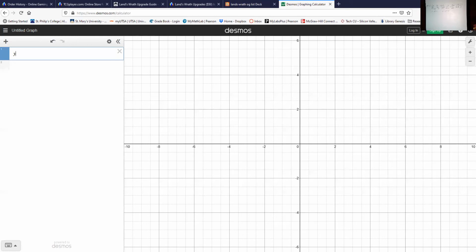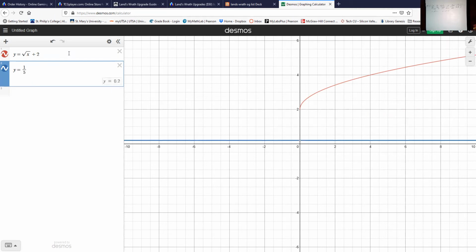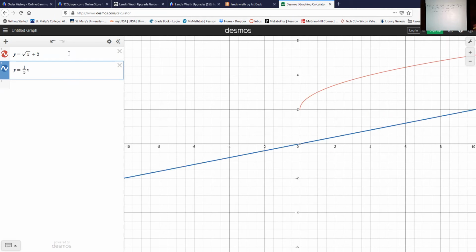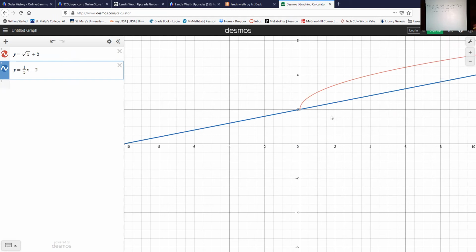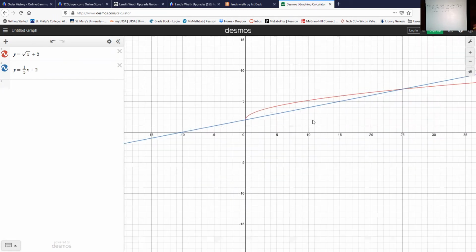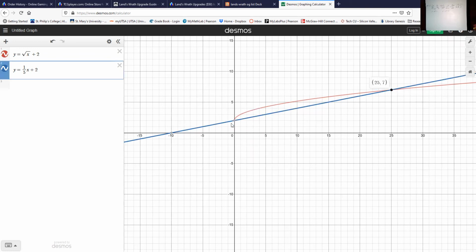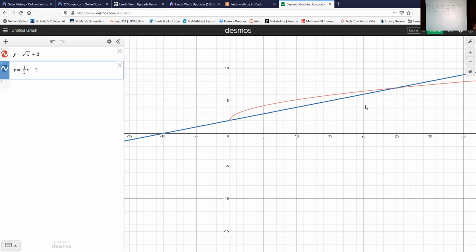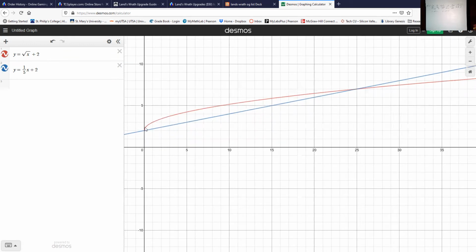All right, so we got y equal to square root x plus 2 and y equal to 1/5 x plus 2. So most likely they want this bounded region here. See what I mean? From here to here. So I'm going to integrate from 0 to 25 to find the total mass of this object.